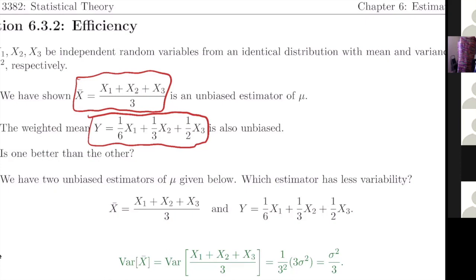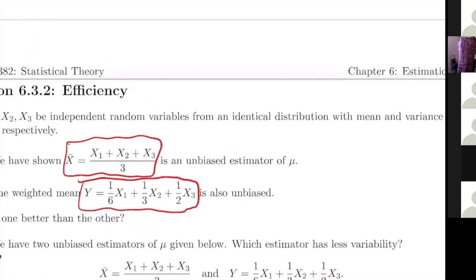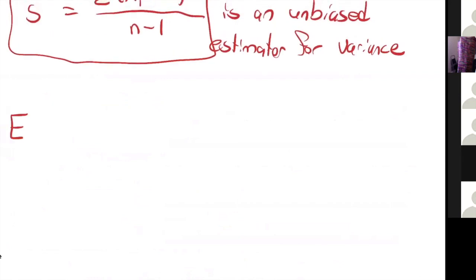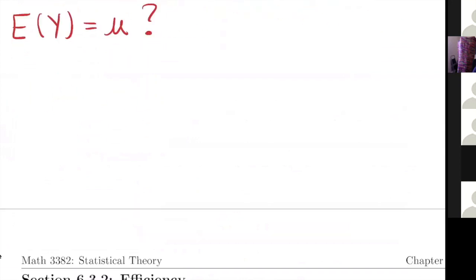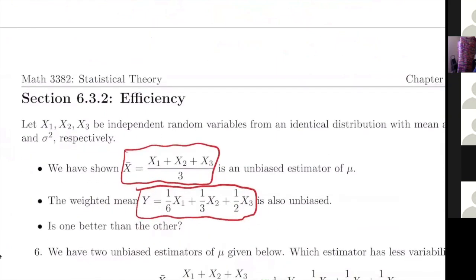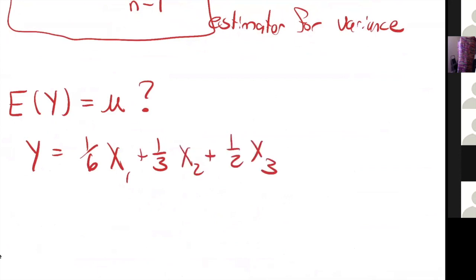And so the first thing that we can ask is, are these estimators unbiased? So we can say, okay, does the expected value of y give me the population mean? And so for example, if I take the expected value of y, we could just use the linearity of it, right?